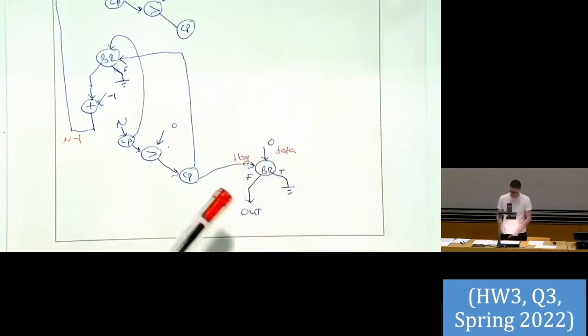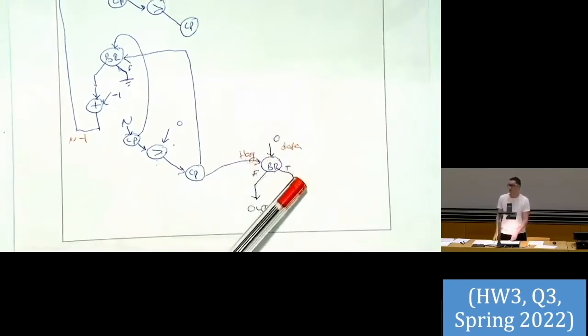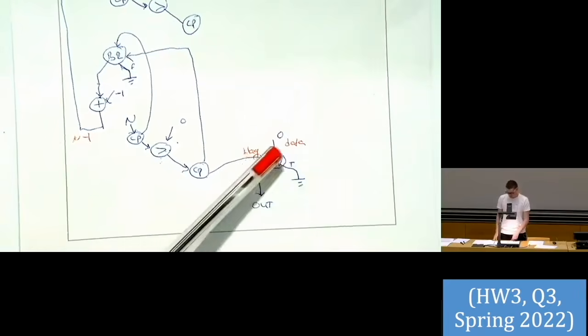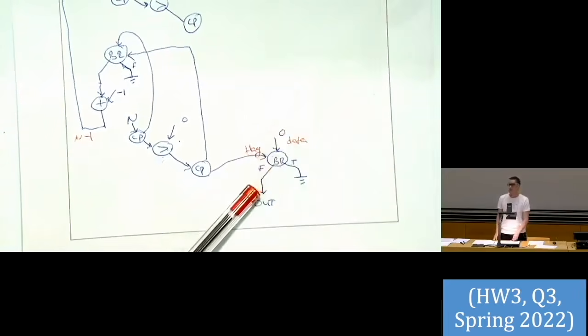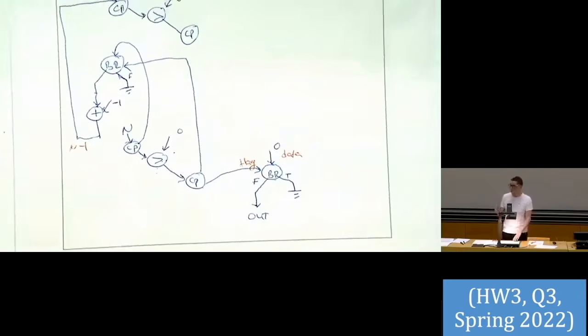So if the flag is true, the data goes to the true path. If the flag is false, data goes to the false path. So the token is generated only on one of the output paths in the branch node. Is it clear? Okay.